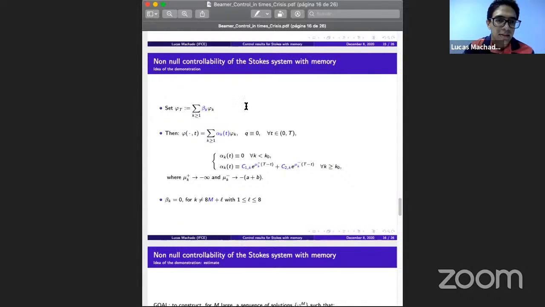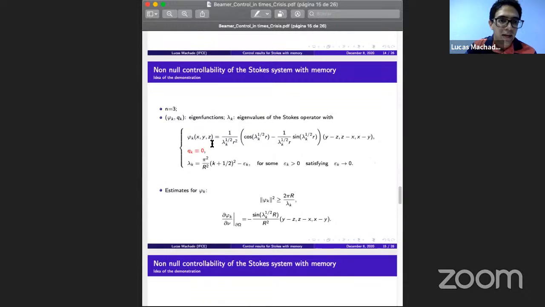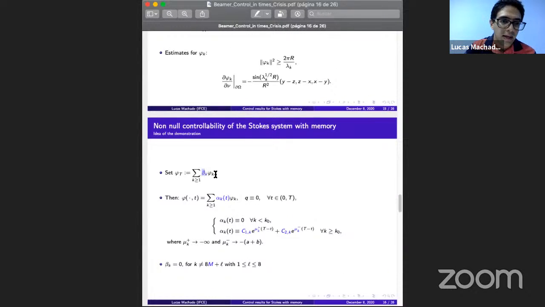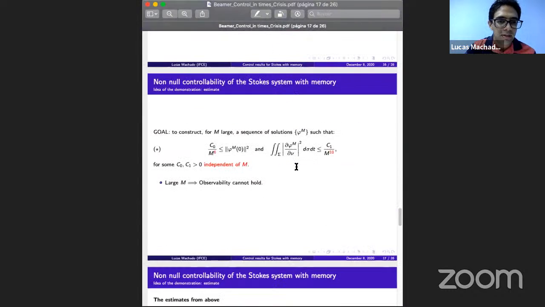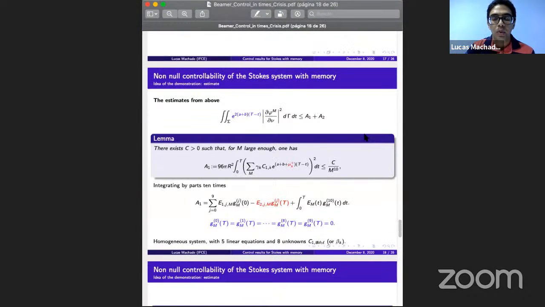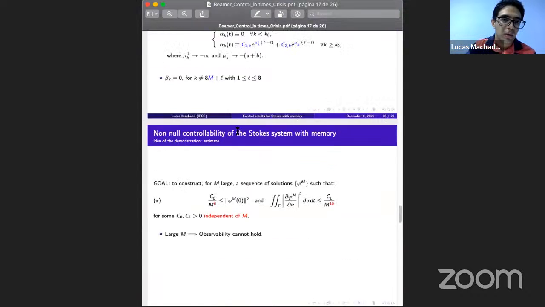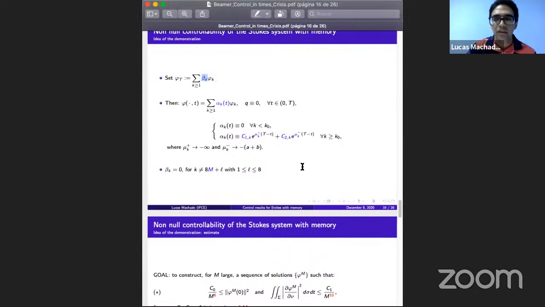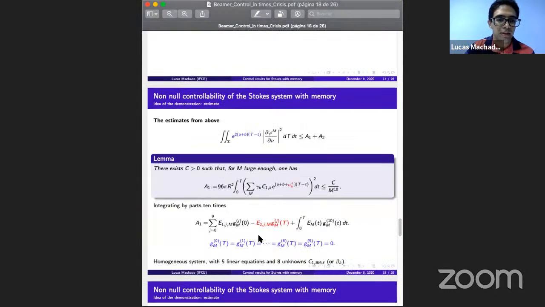The size of the phi k is explicit, and the coefficient b k depends on the solution of a homogeneous system. Okay, thank you for your answer.